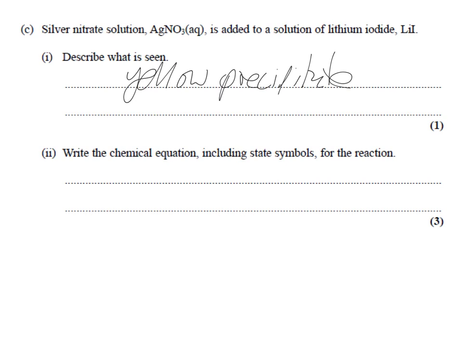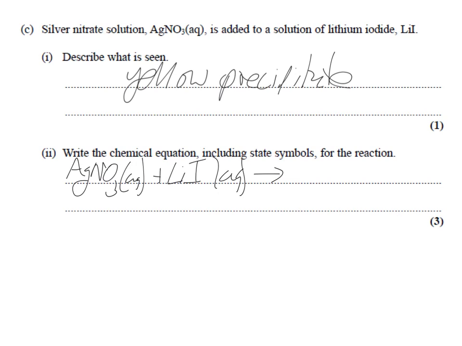And it asks us here for a chemical equation, which means a symbol equation, and you guess that from 3 marks. It also tells us to include state symbols. So we've got silver nitrate and lithium iodide. Now it tells us we've got a solution of lithium iodide, so that's aqueous.